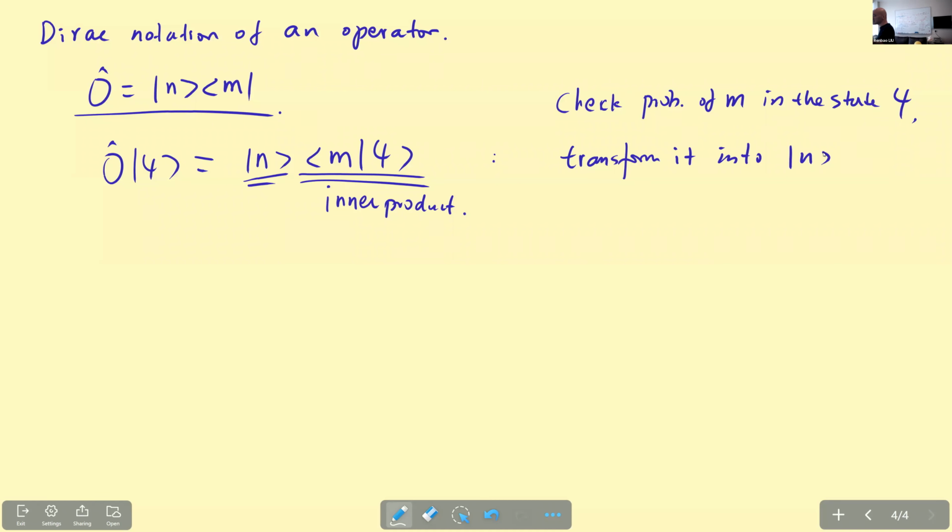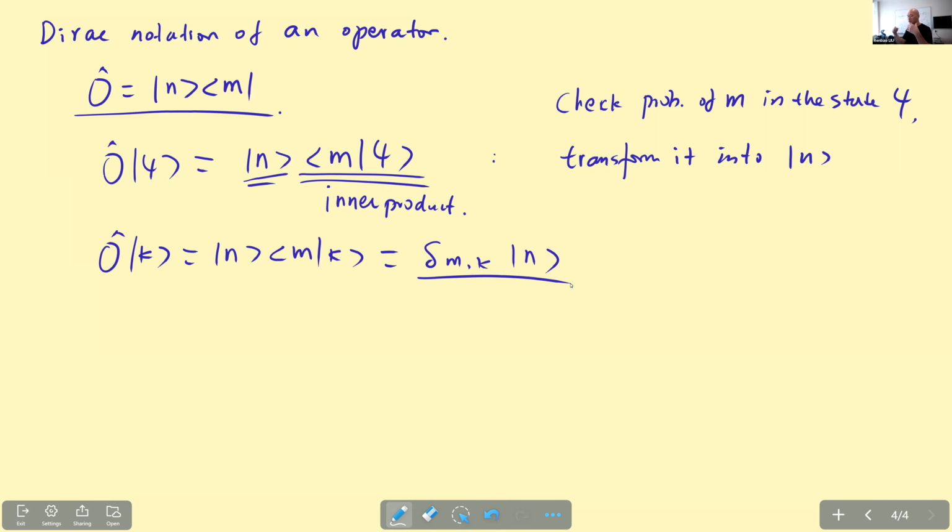And if the state is m, okay, then it's n, okay? So this one, of course, for example, you can act in this one on just one of the states, say k. So that way equals to m and the k. So this, of course, will equal delta m k and n, right? So only when the state is in m, and then the state will be transferred into n, right? Okay, so that is just one state.